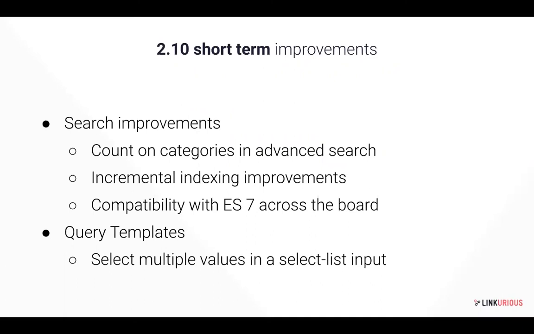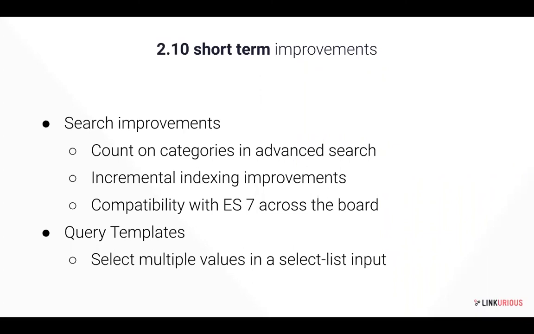Going on to what's coming up in 2.10. So there's going to be search improvements. First, we're going to add counts on categories in advanced search. So when you are doing an advanced search, you can add a filter on the categories. You can filter on the nodes of category person or on the nodes of category company.